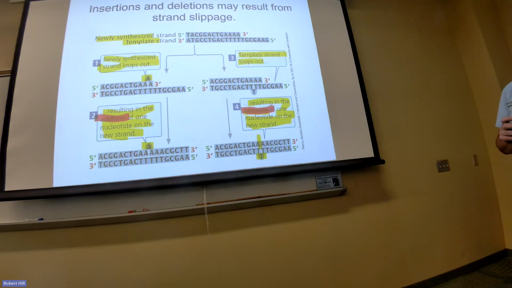The newly synthesized strand is going to get one added, and the template is going to lose one. I don't know of any cases where this affects more than one; it only affects the one nucleotide that's bulging out.